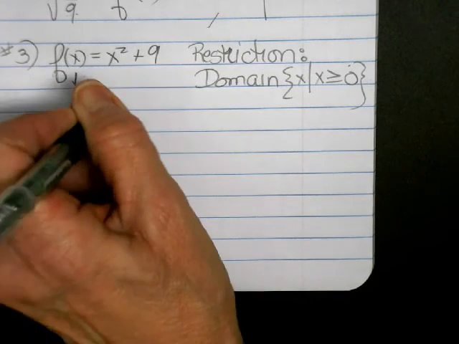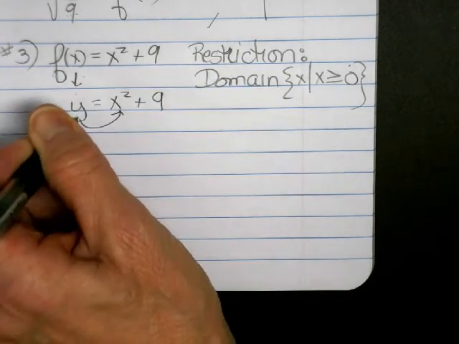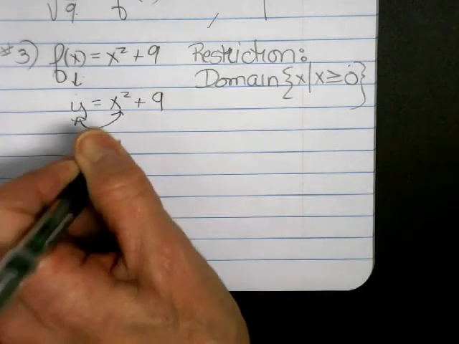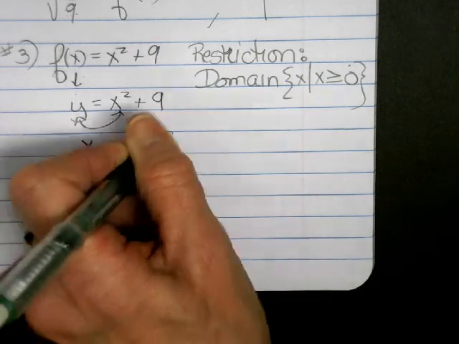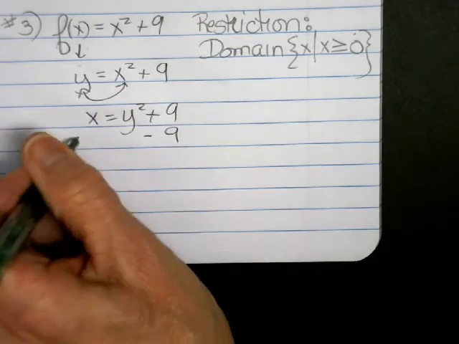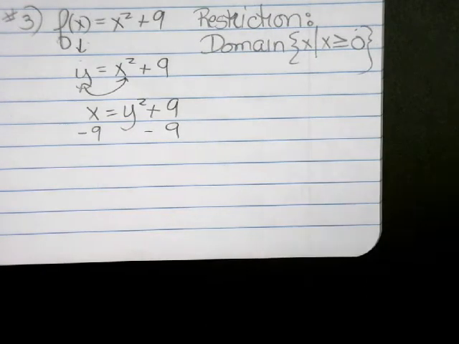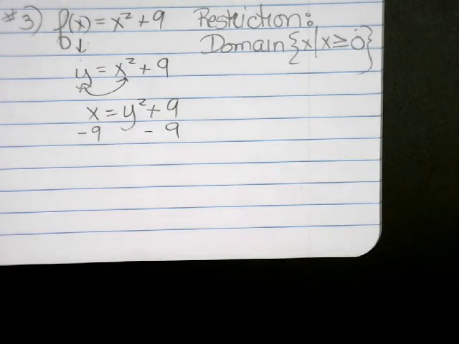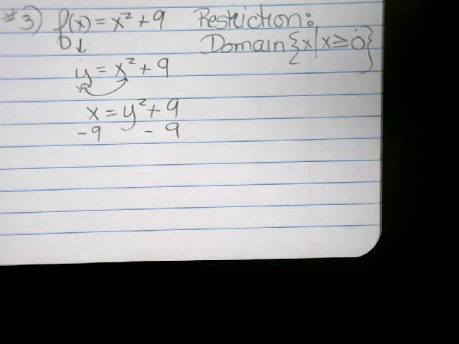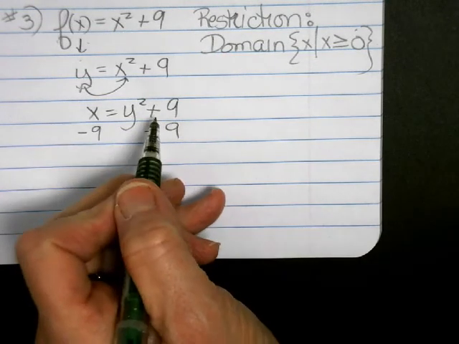When I find the inverse, change it to a y, switch variables, solve for y, I take away 9 from both sides first. Always take the root last, okay? Unless it's taking over the whole, like the whole expression's being squared, then you'd find the square root first.